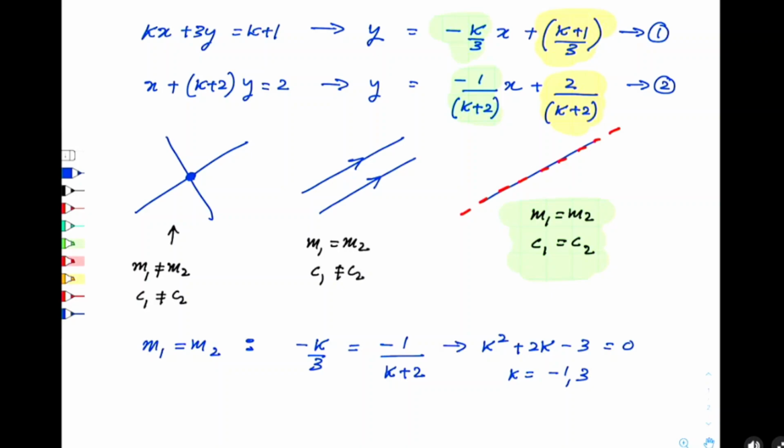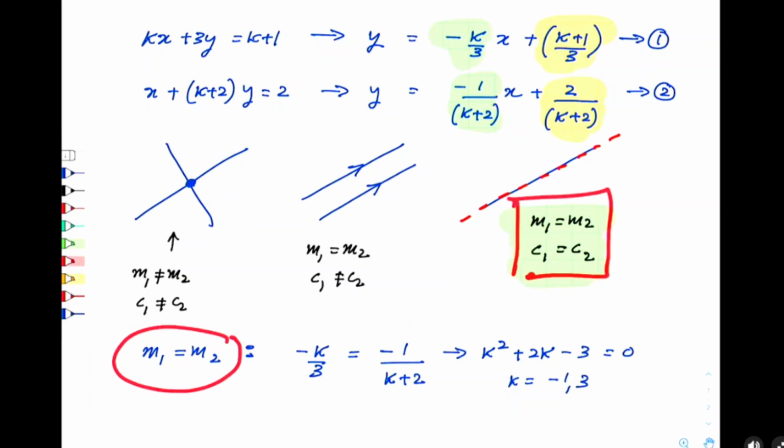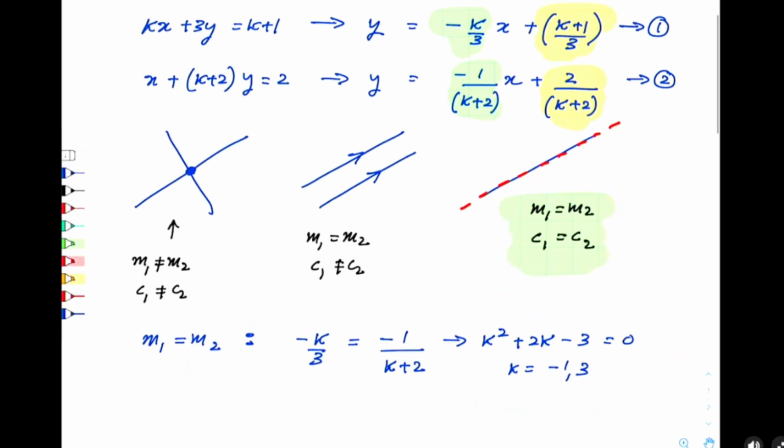Now, the question we have here is this. If you equate these two, because this is our condition we are looking at, we obtained k to be minus 1 and 3. But still, we have to check whether k is equal to minus 1 and 3 will satisfy this. So to do that, let k is equal to minus 1. Then you have to sub that value into the first equation and the second equation.